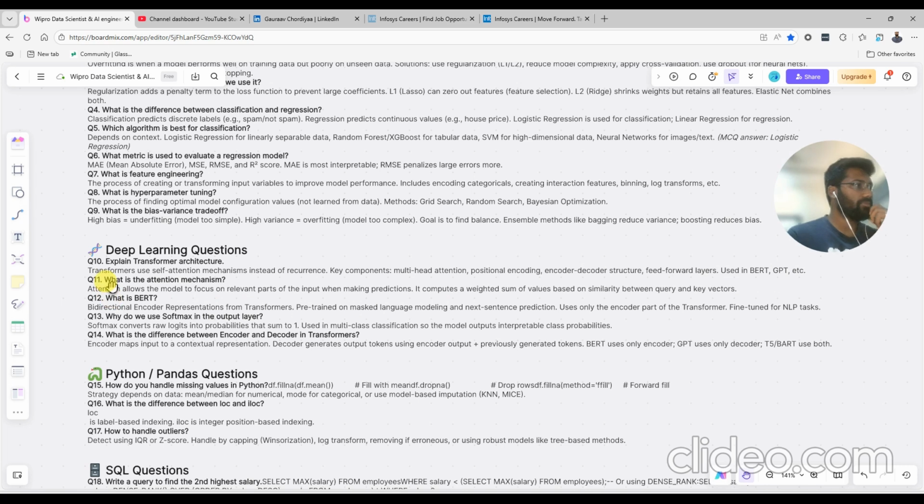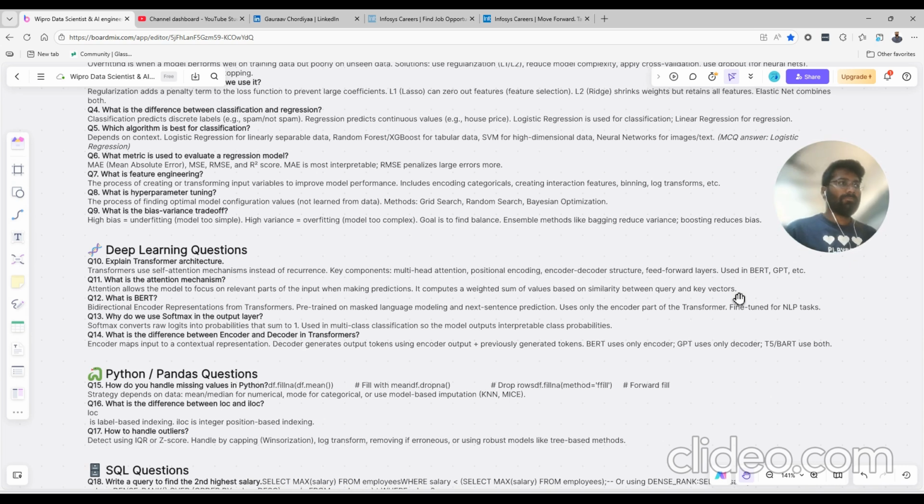Okay. Now next is what is the attention mechanism? Attention allows the model to focus on relevant parts of the input when making a prediction. It computes a weighted sum of values based on the similarity between the query and the key vectors. Basically, when we take a sentence, for example, the cat sat on a mat, there are some words which have a higher value and some words which don't carry meaning.